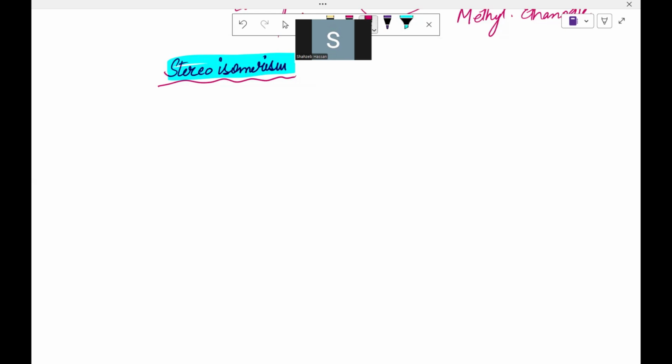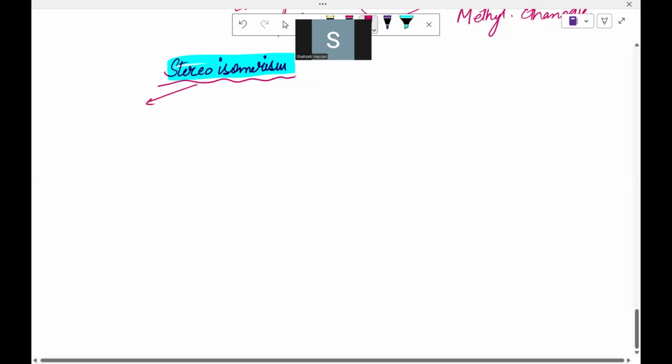The first type that we are going to discuss now is basically geometrical isomerism. And geometrical isomerism is also called cis-trans isomers.